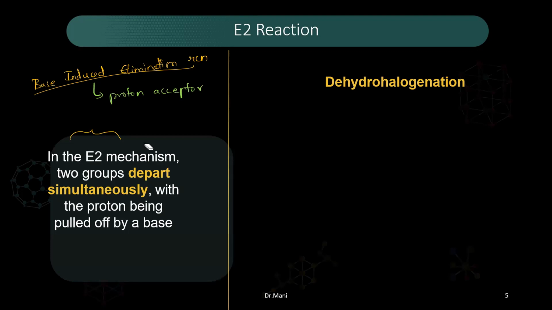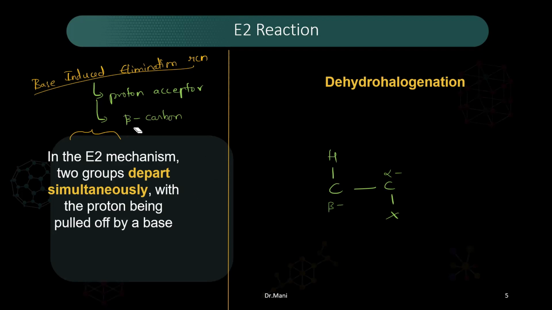And where is this base specifically targeting? It is targeting the carbon where the hydrogen is attached. So this is the beta carbon. This is the alpha carbon. Okay. So it mainly targets this carbon where the hydrogen is attached. So remember that one as well. Okay. So it targets the beta carbon of the alkyl halide.